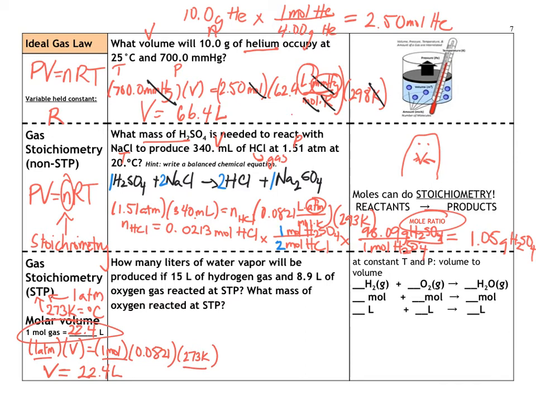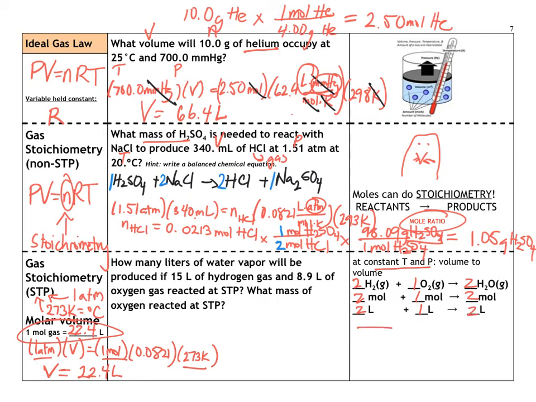Now, when you have constant temperature and pressure, you can do what is called a volume to volume ratio. So if you balance this equation as you normally would, the mole ratio is a 2 to 1 to 2 ratio. But we can also look at it in terms of volume. So for every 2 liters of hydrogen, there's 1 liter of oxygen to form 2 liters of water vapor.